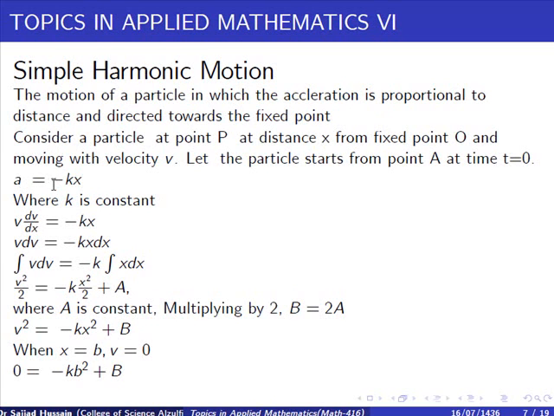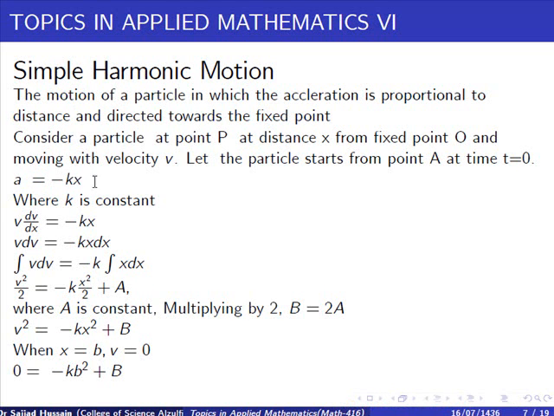So a is equal to minus k x, where k is constant. Because the acceleration is directed toward the fixed point, acceleration is with negative sign. a is equal to minus kx. This equation is the definition of the simple harmonic motion in mathematical form.